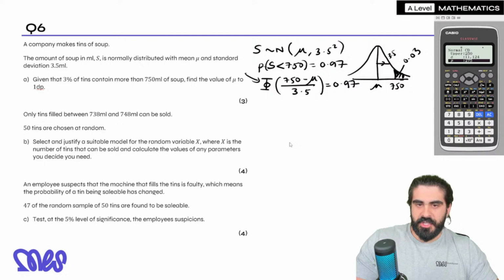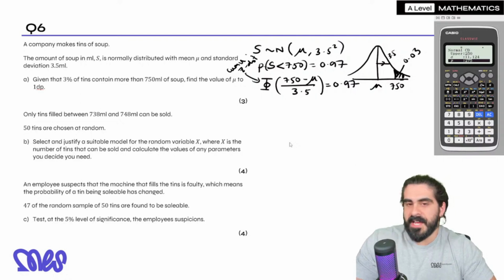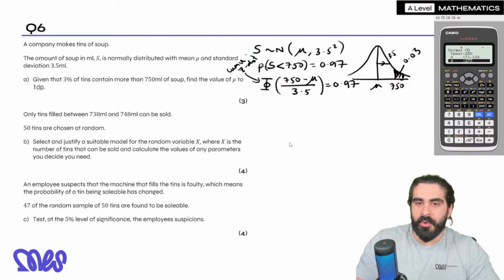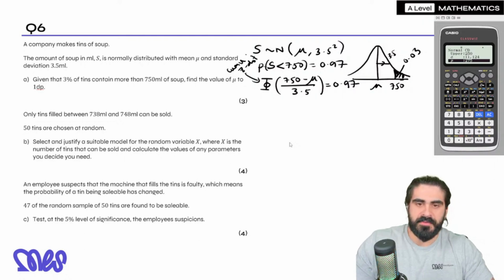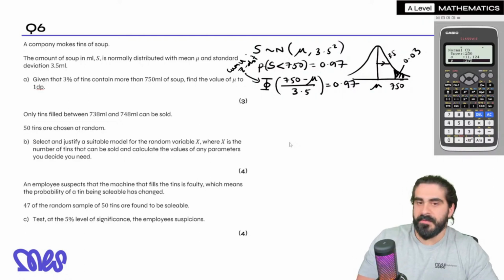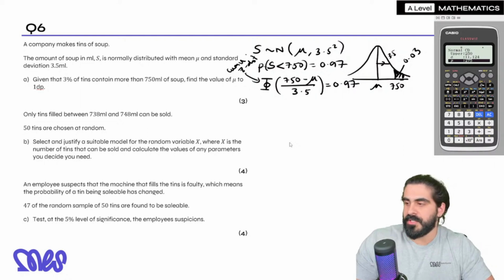This is the cumulative Z distribution, that's the technical word. There have been exams that require you to understand what phi is. You don't lose marks if you don't write phi, but you should be familiar with its usage.